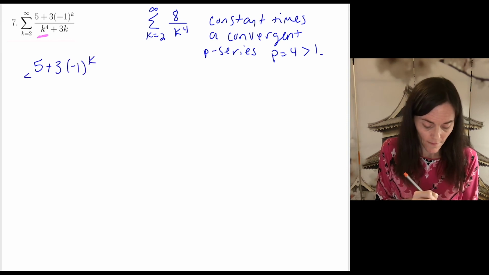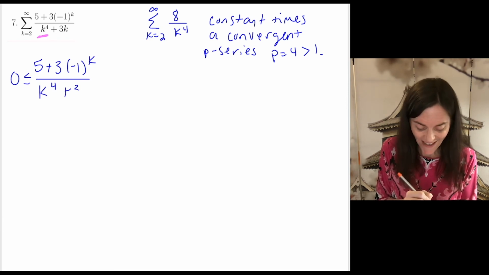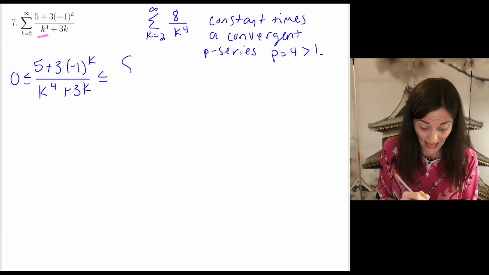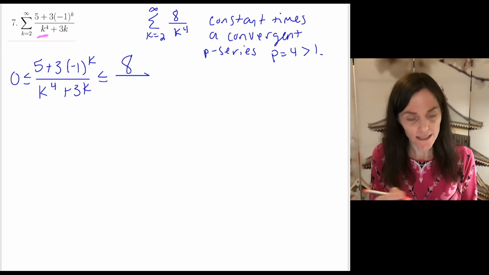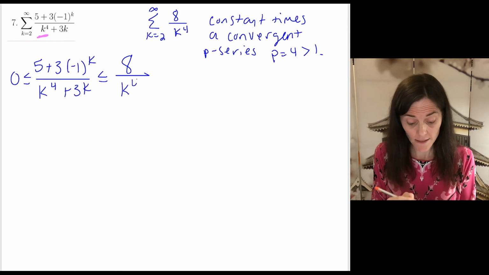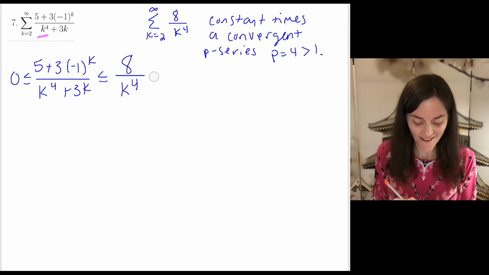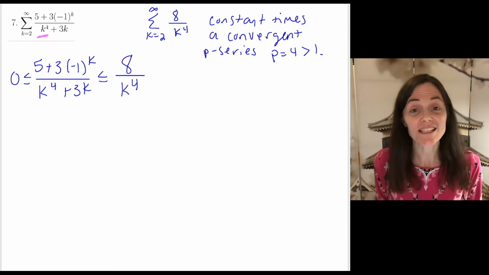First of all, non-negative, and the numerator is always less than or equal to 8, but also bigger denominator, smaller fraction. So I can confidently write this because we have a bigger denominator here. And we just quote the test.